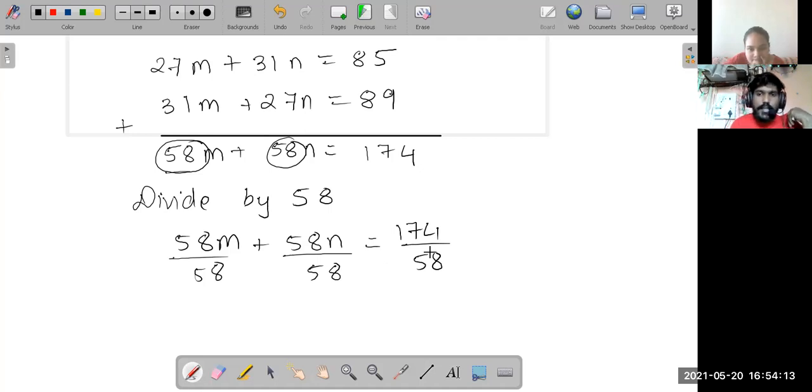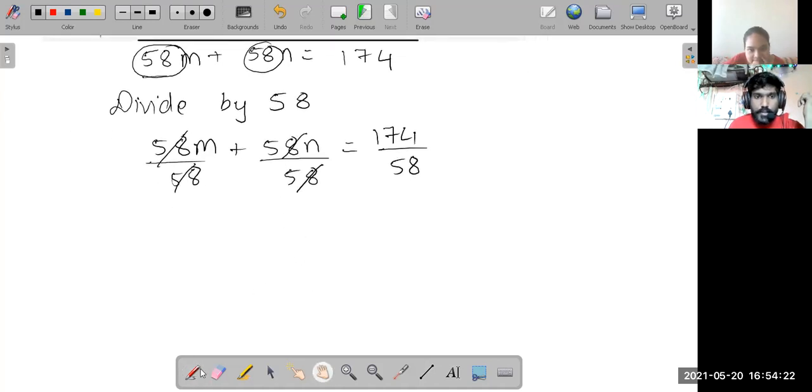Let's reduce it. This and this cancel, and you are left with 2 2s are 4, 2 9s are 18, 2 8s are 16, 2 7s are 14.